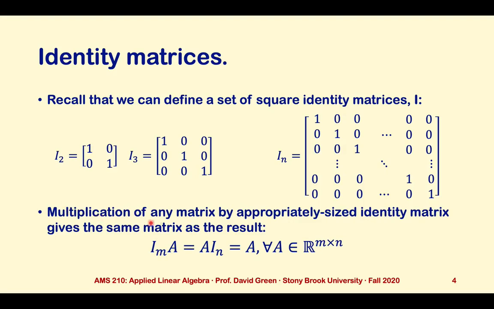One of the properties of the identity matrix is that when we multiply any matrix by the identity matrix of the right size, we get the same matrix back.